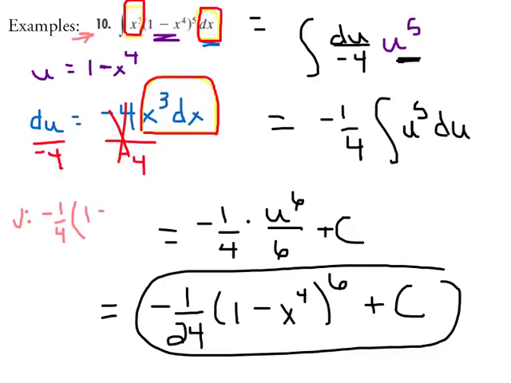This gets raised to the 1 less power. And then, because we're in the chain rule, you have to multiply by the derivative of this, which is 0 minus 4x cubed.